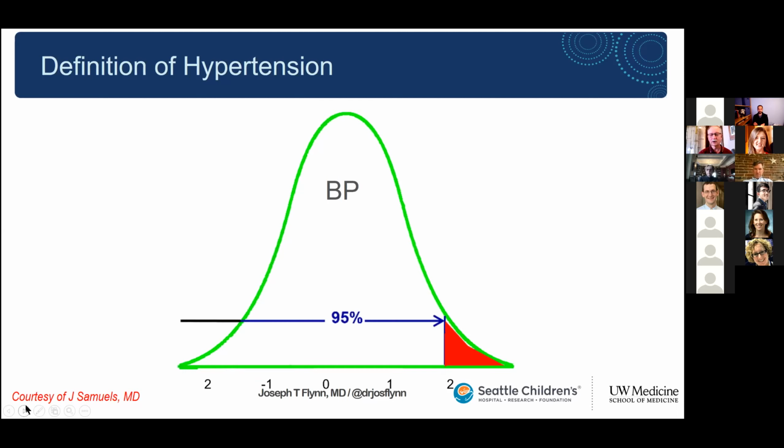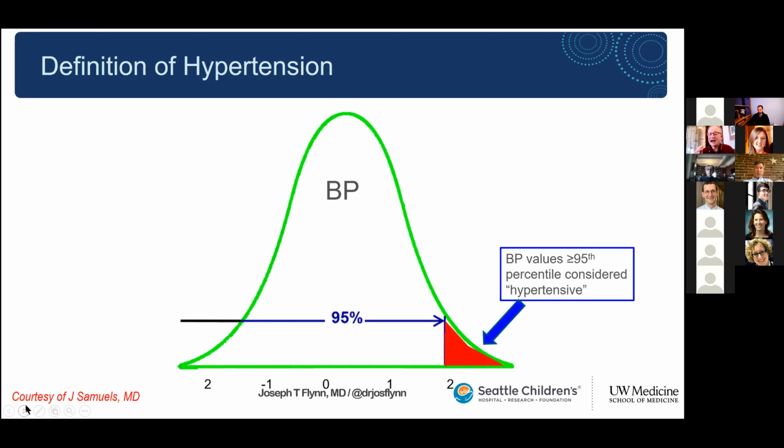And so what was decided was that anything above the 95th percentile would be potentially harmful. And so those blood pressure values have been considered hypertensive since that first report in 1977.